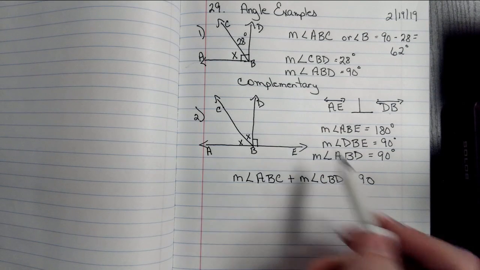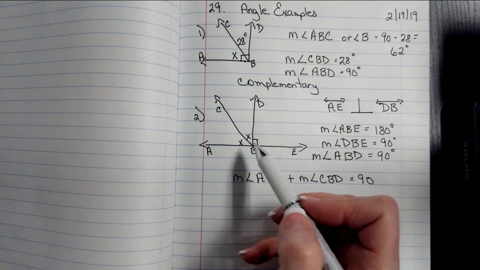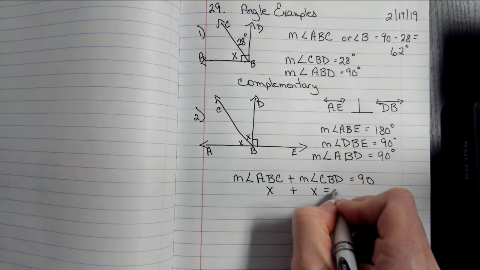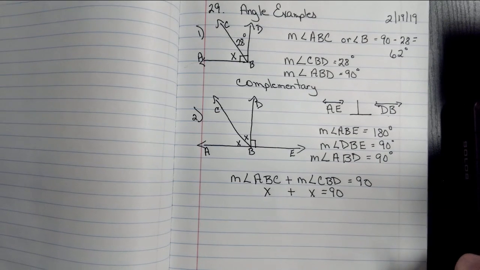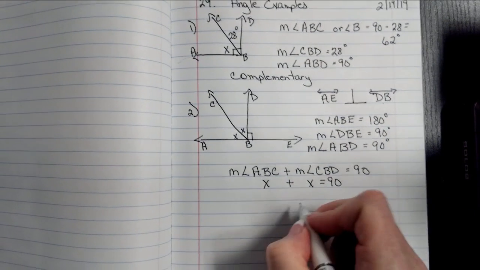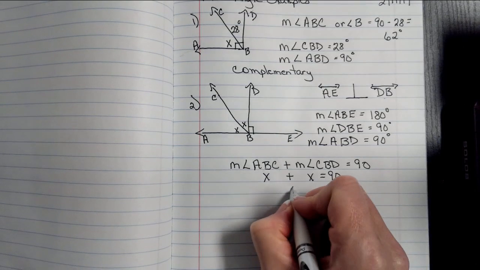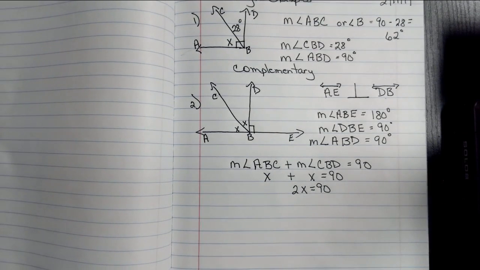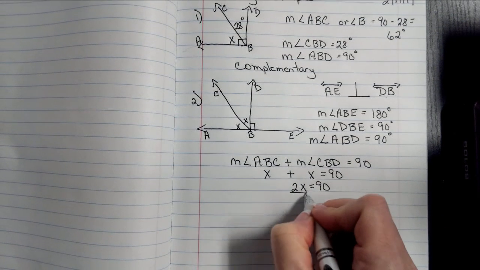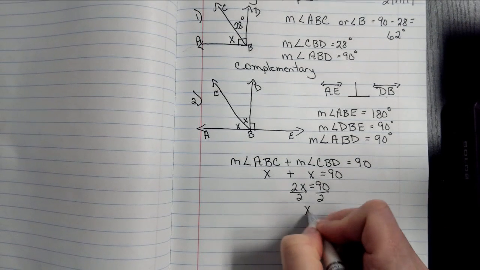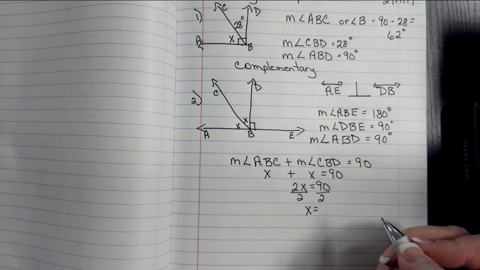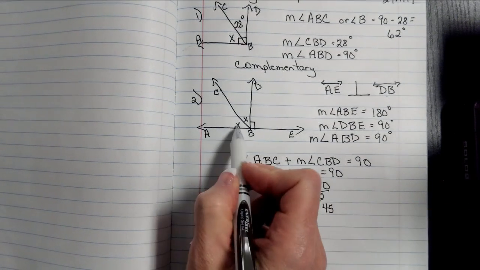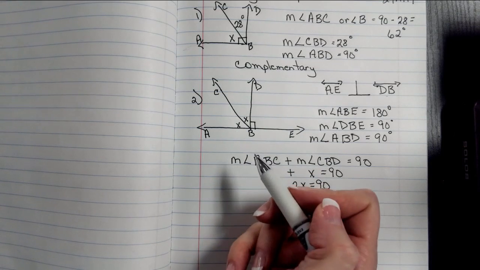I've got that they're both just x, so I'm really just saying x plus x equals 90. Well, what is x plus x? 2x. So I'm saying that 2x is 90, so how do I solve that? You divide each side by 2. So what's x going to equal? 45. So that tells me that each of these angles is 45 degrees.